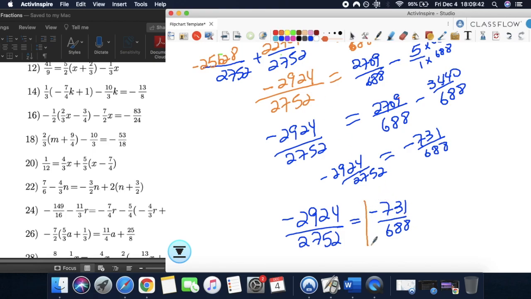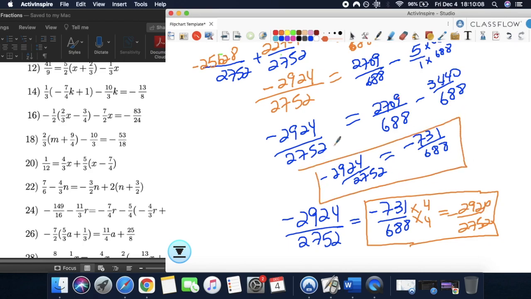What happens if I take this and multiply by 4 at the top, at the bottom? So at the bottom, 688 times 4 is 2752. Look at that. And the top, 731 times 4 is 2924. So guess what? These are equal to each other. They're equivalent fractions. All right, so that was a little bit of work.